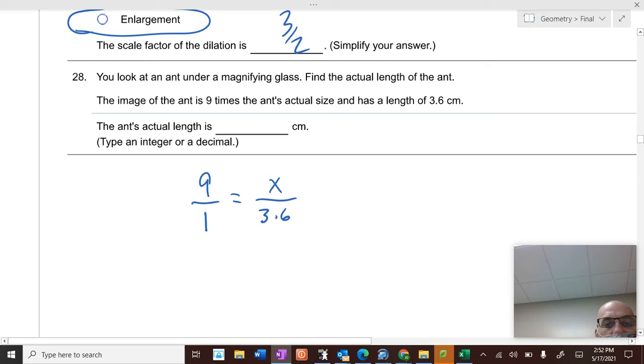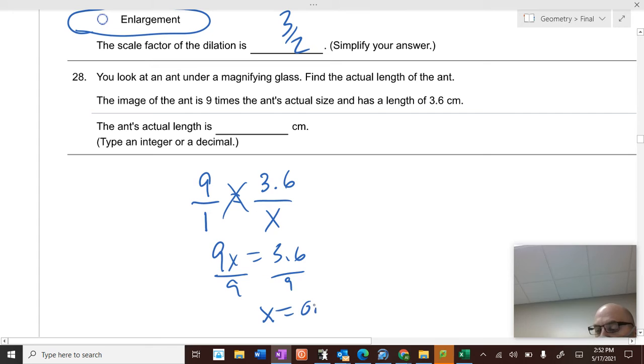The image is 9 times. Oh, the actual. Okay. The image is 9, and this image is 3.6 centimeters. We want to know the actual length. Okay. So if we cross multiply, 9x equals 3.6 divided by 9. x equals 0.4.